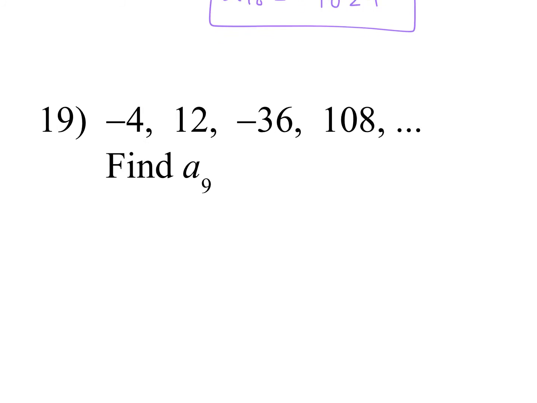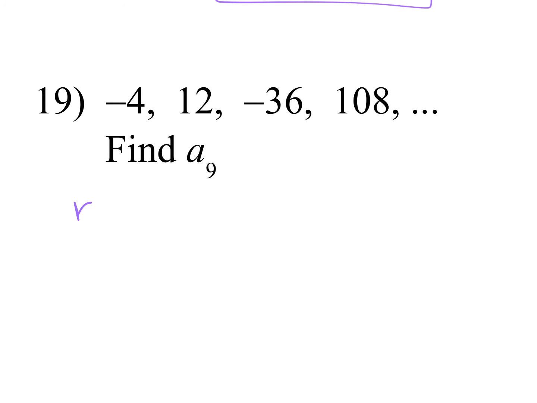All right. 19. What's our common ratio? Negative 3. You can always find the common ratio. If you don't know what you're multiplying to get to the next, just take the second term, divide it by the first. So 12 divided by negative 4 is negative 3. What's our starting term?